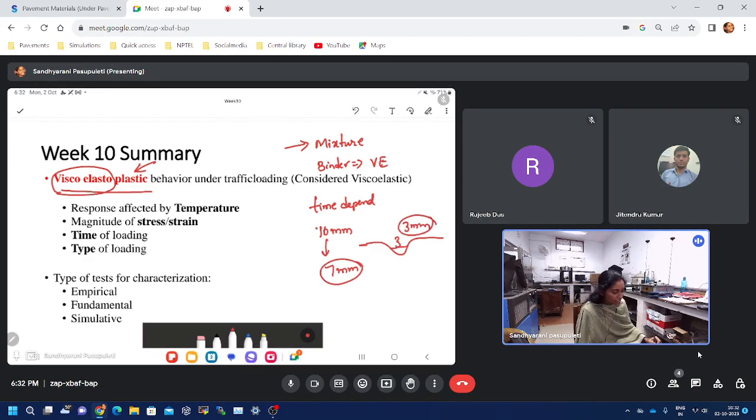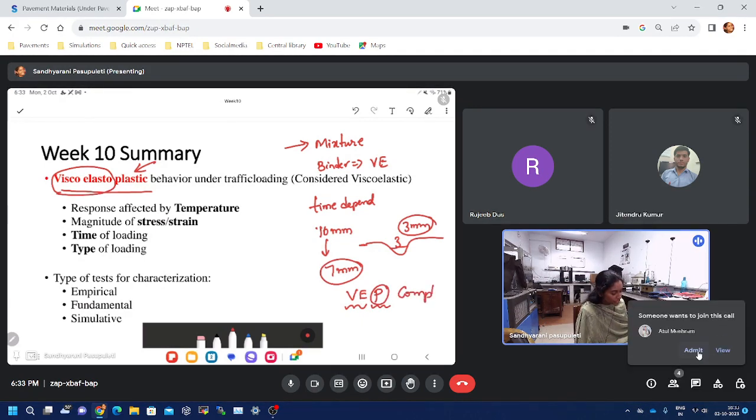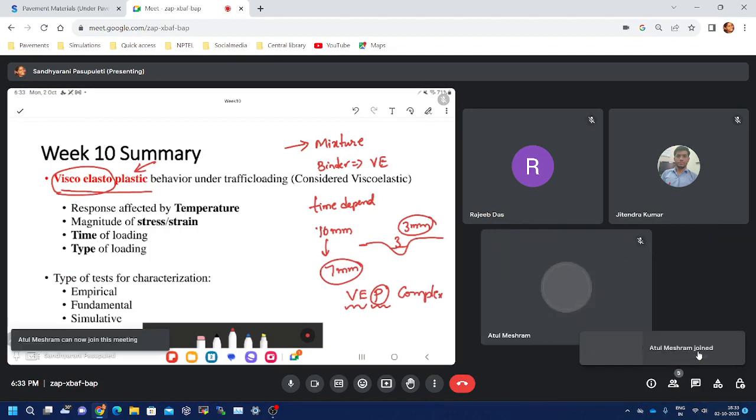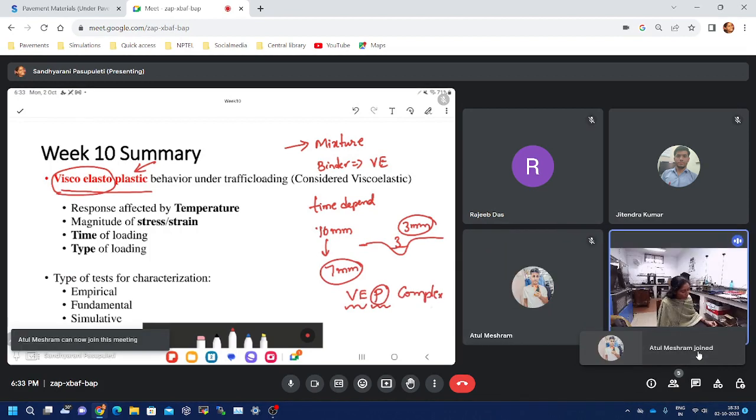This rutting is nothing but the plastic deformation, unrecovered strain. So asphalt mixtures are viscoelastoplastic materials. They can have a time dependent recovery, and also there is some amount of strain that cannot be recovered. But to understand how much is not recovered becomes a complex analysis. That is the reason why in most cases we assume that asphalt mixtures are viscoelastic in nature.